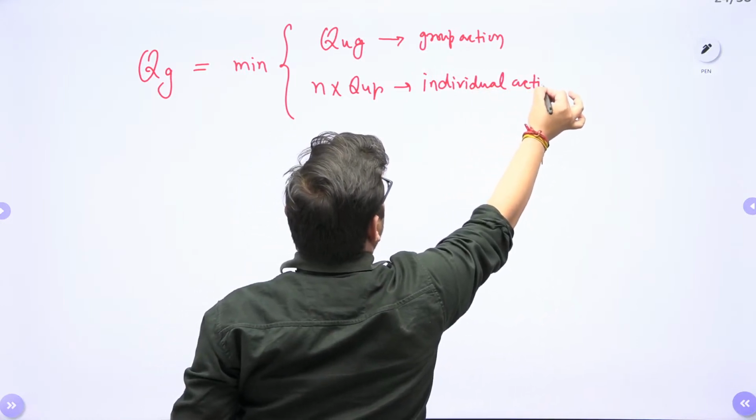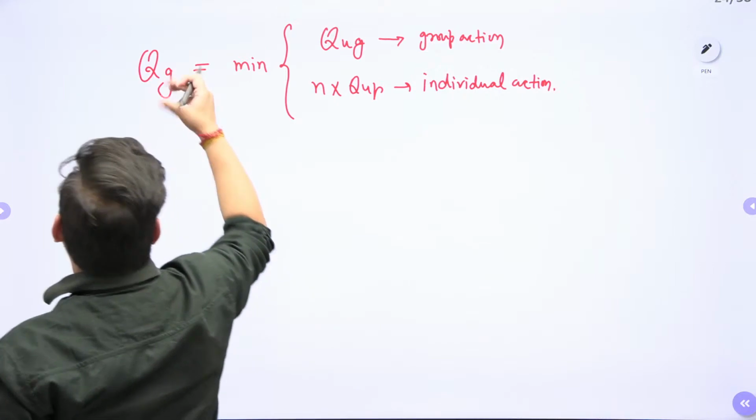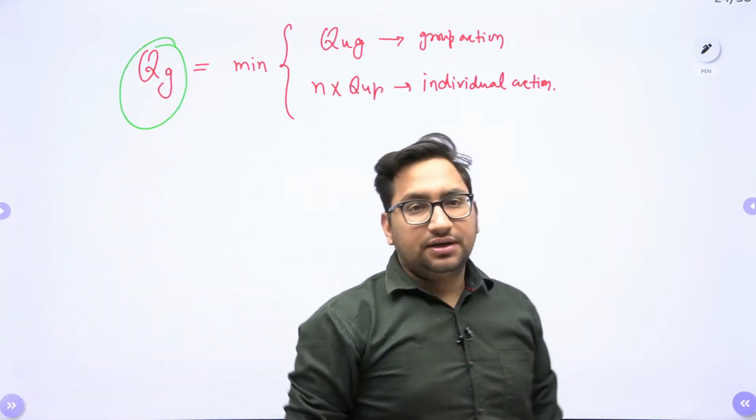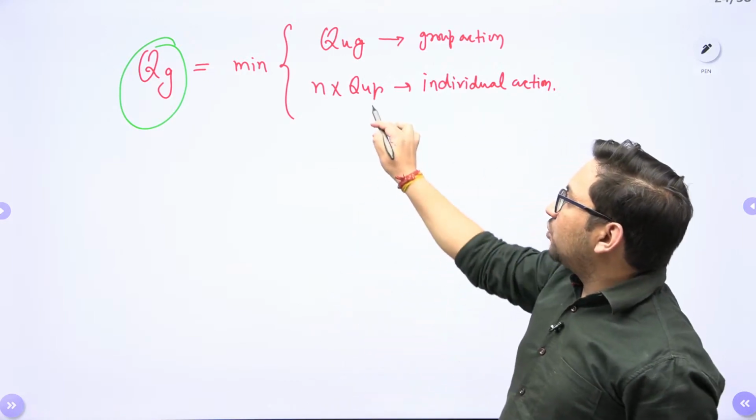The minimum of these two values will be our ultimate load carrying capacity of the pile group. Yes or no? Clear? So this QUP value we know how to calculate.